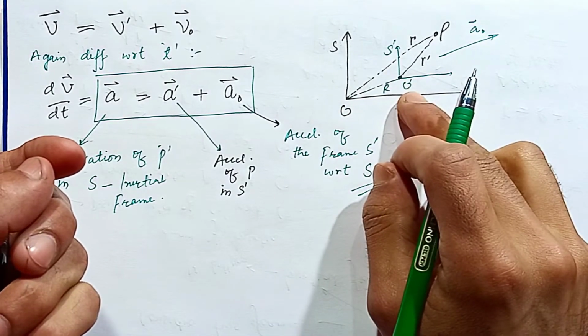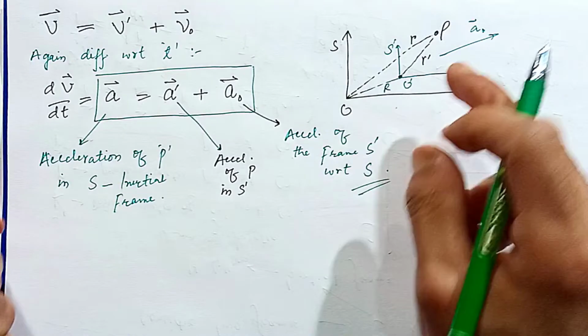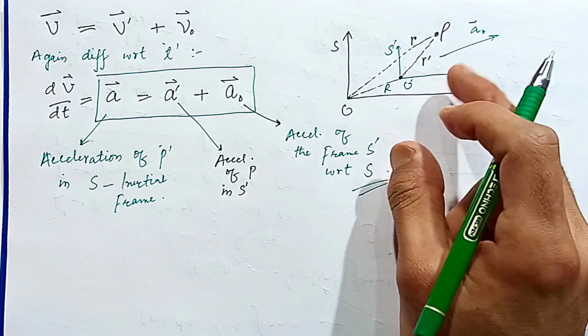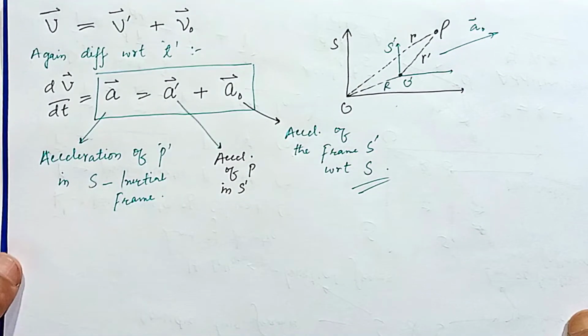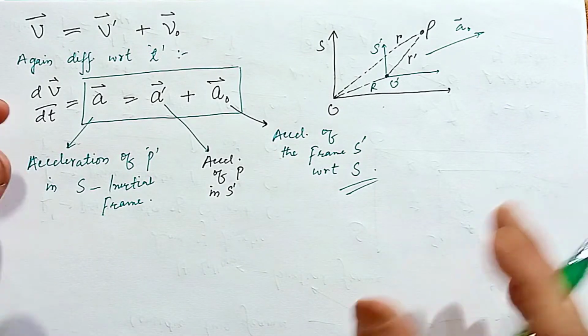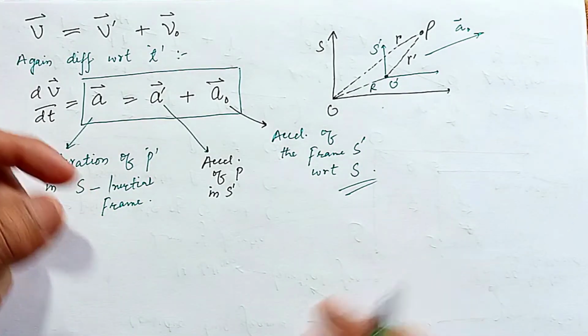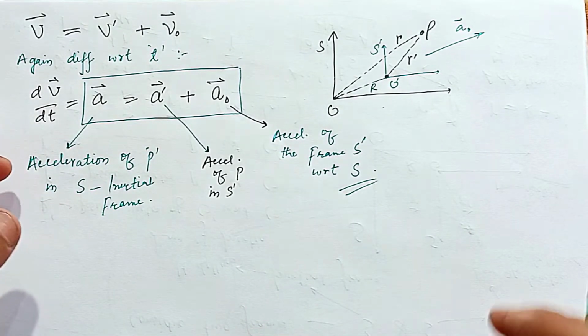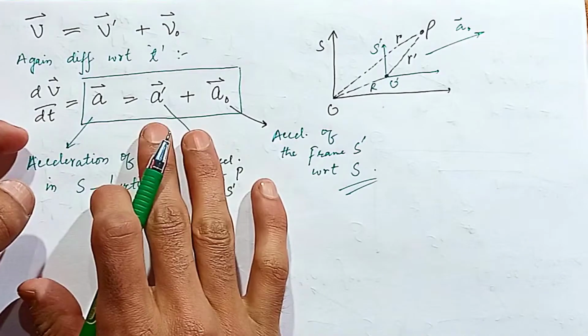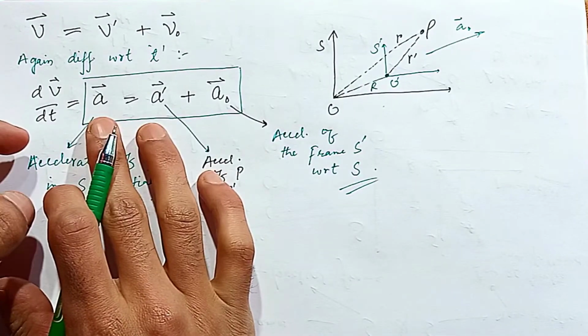So this O prime is accelerated, and this acceleration gives rise to the forces which are called pseudo forces, which we will discuss a bit later. Till now we have got this acceleration.